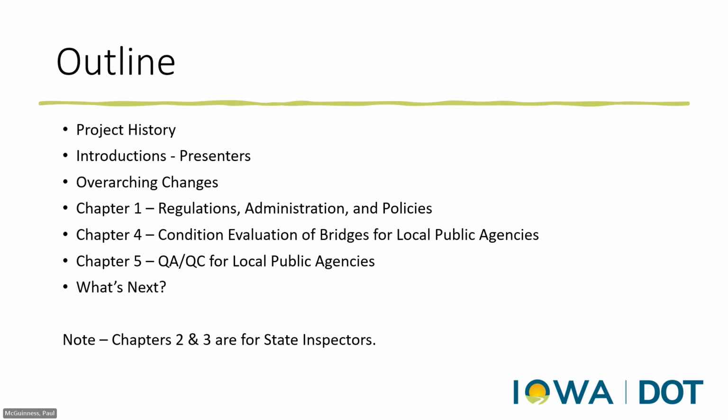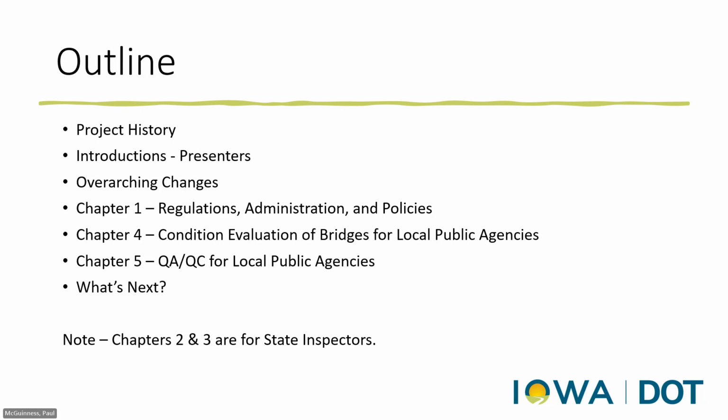And a couple definitions going forward. This is based on the Federal Highway Administration, FHWA, requirements. These are spelled out in the National Bridge Inspection Standards, the NBIS, and relate to the National Bridge Inventory, which is the data we submit to the feds.